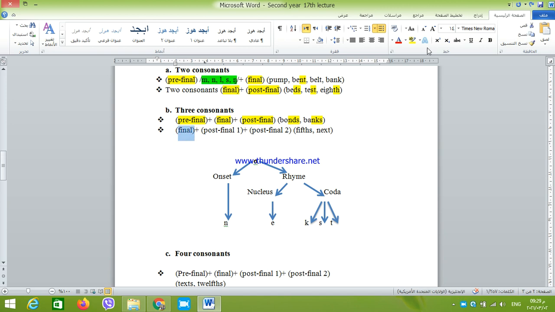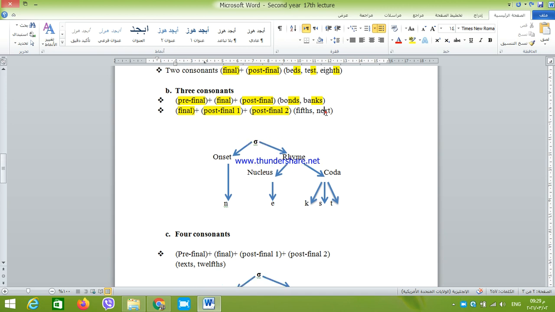Final. This is another type. This time is not pre-final. We have final, we have post-final one, post-final two. This is actually whenever we have the addition of suffixes like -ed, like plural s, like third person singular s, which is very frequent in English.